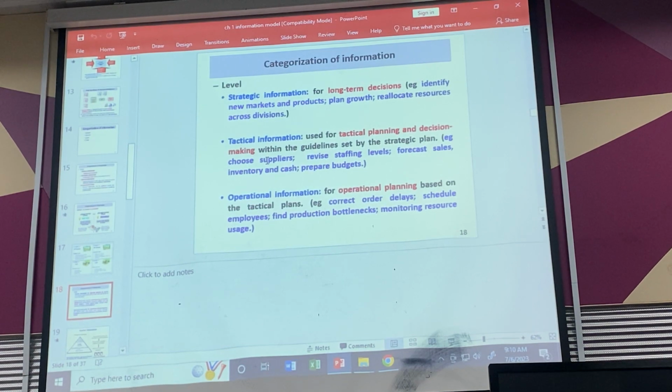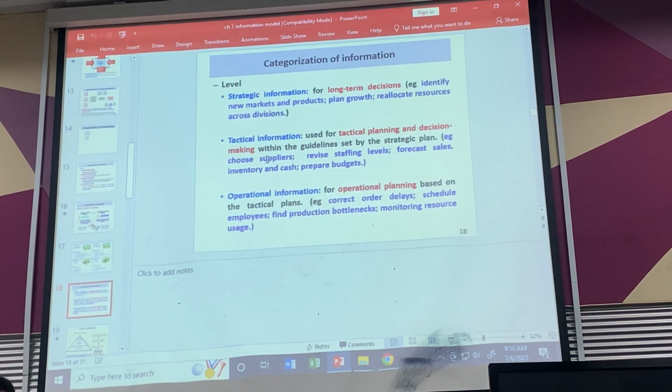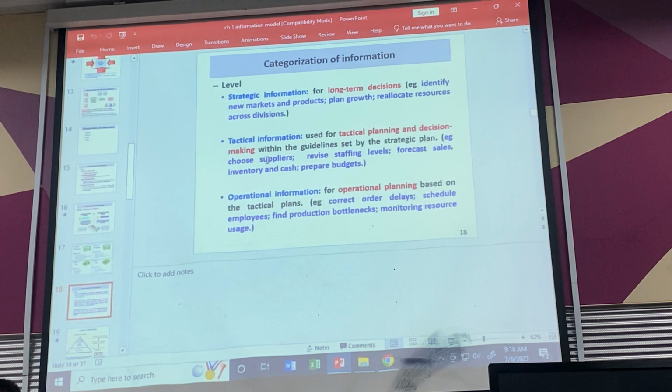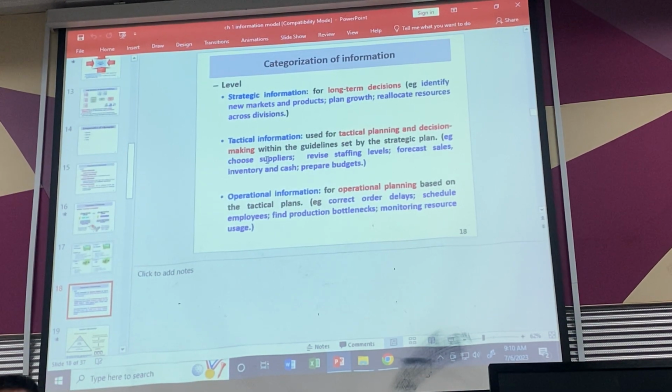So let's say the strategic information is: I want to produce 100,000 cars next year, the cheaper one at 22,000. This is your strategy plan, a new market. I want this car with this price next year, 100,000. So you already get this strategic planning.